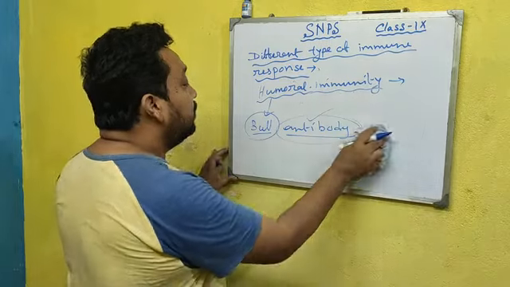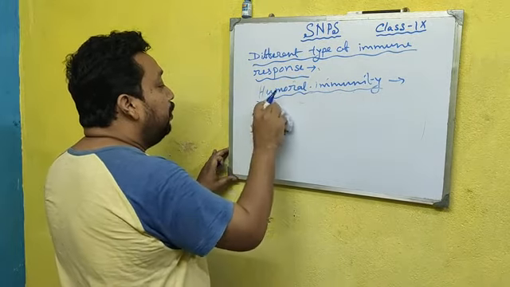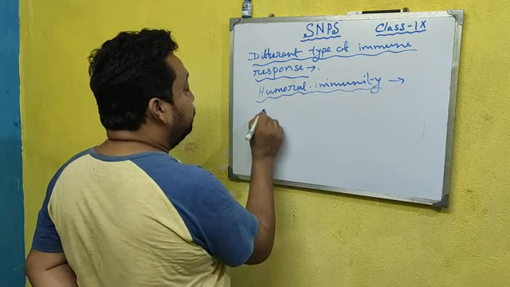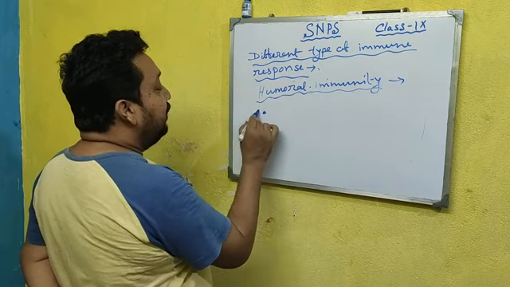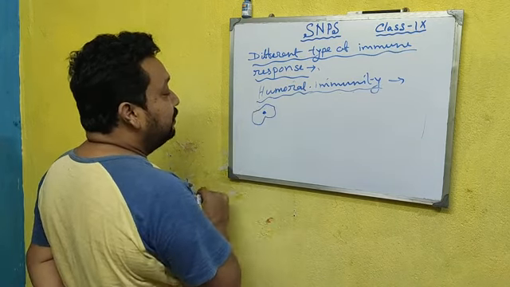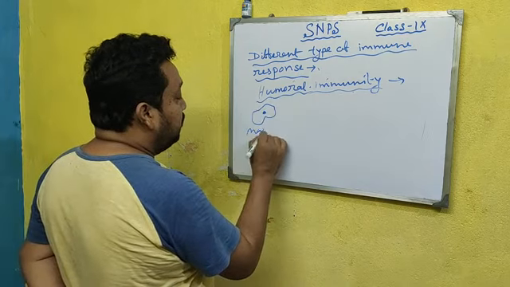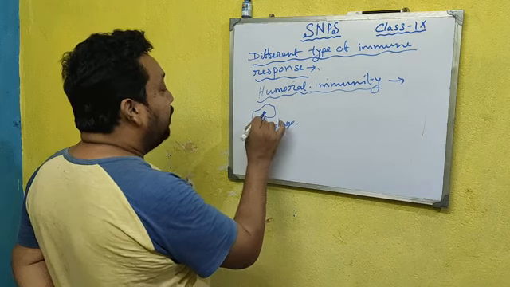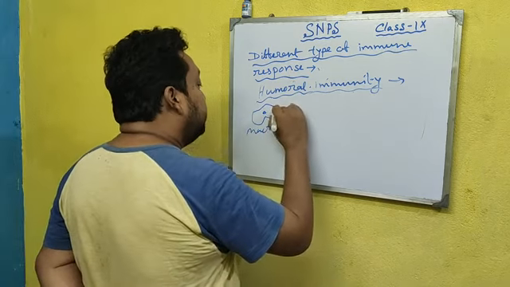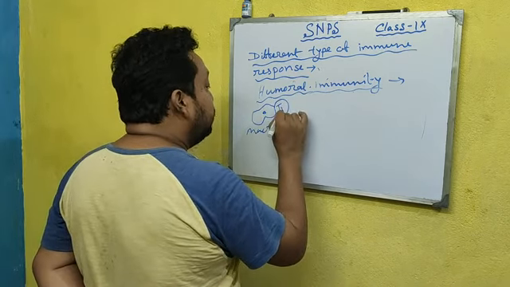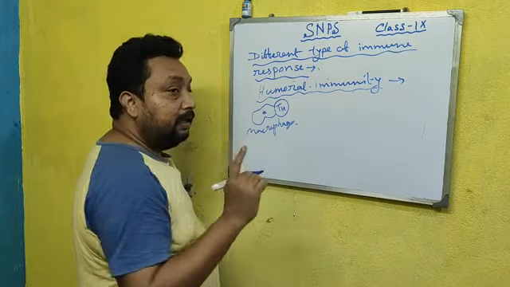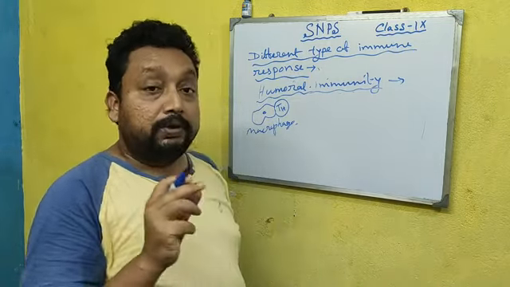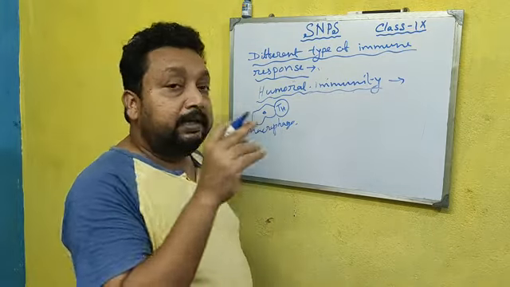So how does it occur? First of all, the same steps: the antigen enters into the body and it is engulfed by the macrophage. And then the T helper cell is attached with the cell. I have said that the helper cell has the property to support the immunity.